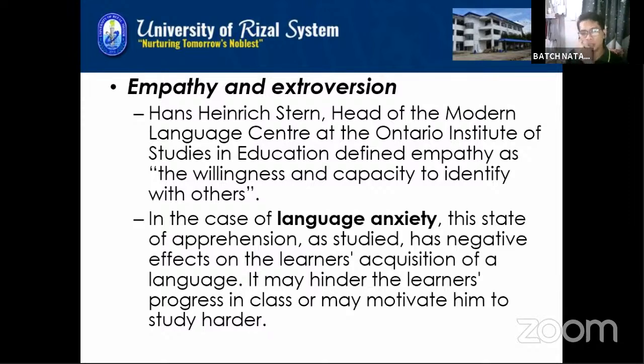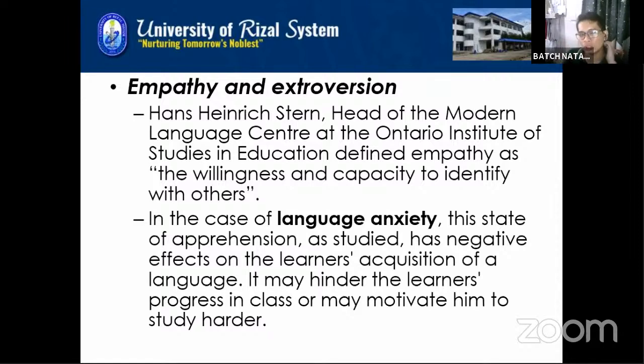Halimbawa, yung isang learner would experience anxiety in terms of language learning or language acquisition, and then someone would talk to the person through empathizing and making the person realize na how important it is to learn the language, then that could alter the hindrance of language anxiety, which will make the person more motivated to learn, to study harder.